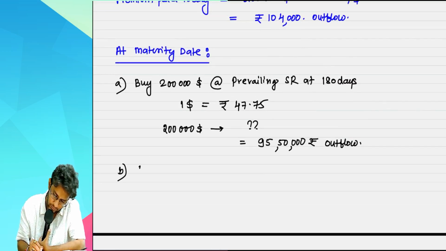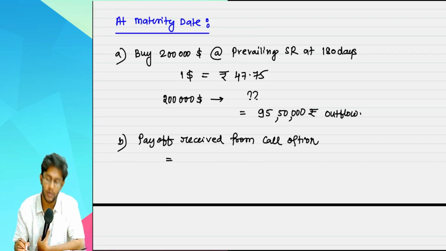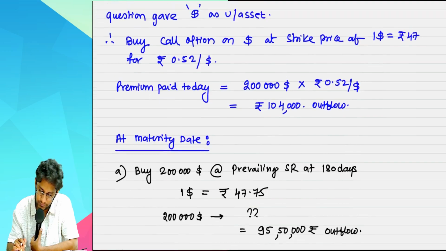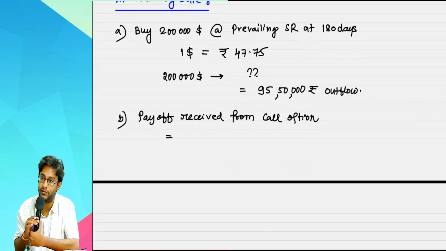Payoff received from call option. If you receive, you'll write the rate, otherwise you'll write nil. I have a right to buy at what rate? Strike price is 47. Market price is how much? 47.75.